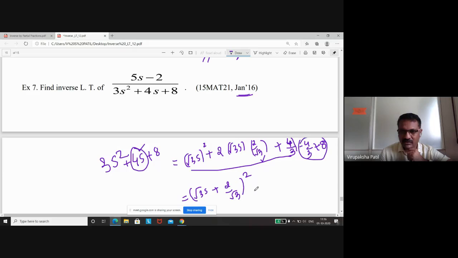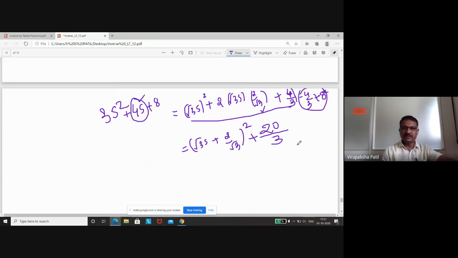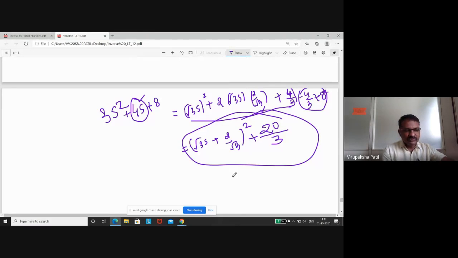If you take the LCM, what will you get there? Plus or minus we will decide later. LCM will be 3, so 8 times 3 is 24, so you will get minus 4 plus 24, which becomes 20 divided by 3, isn't it? So this much you will get. Hope you will do the future steps. Will you do the future steps?